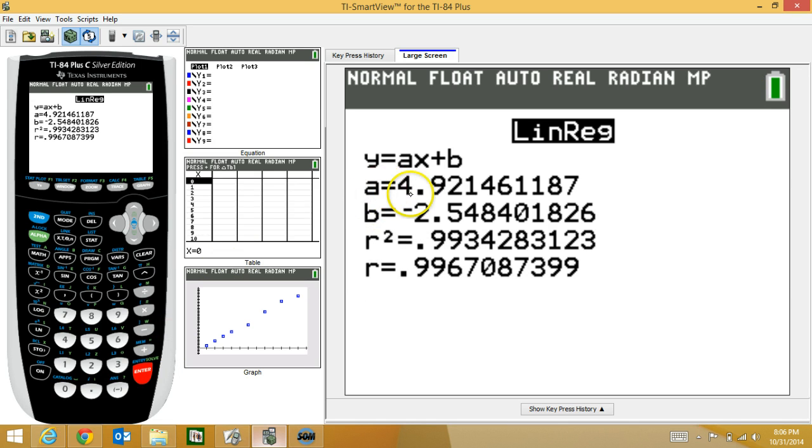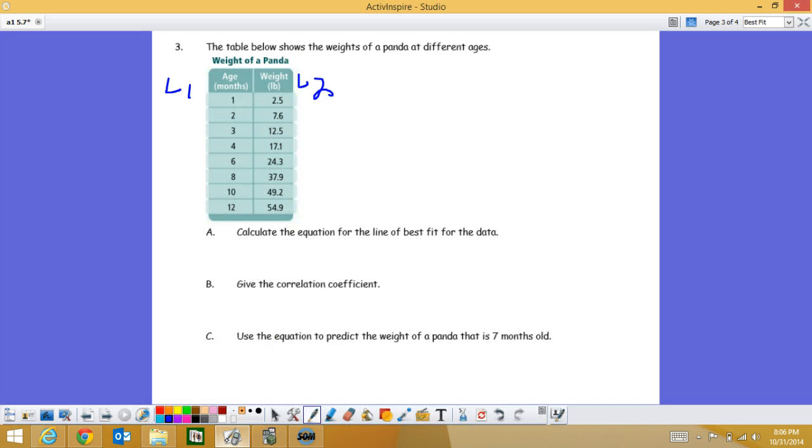Then we have the weight of the panda is equal to 4.92 times the number of months. So the weight is equal to 4.92m. And what that slope represents is that each month this panda would gain about 4.92 pounds.